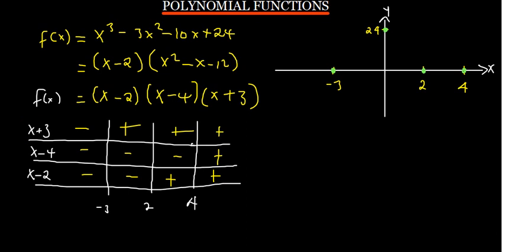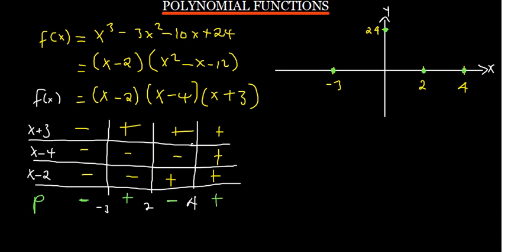Now remember, these three factors are multiplying. So my interest is actually in their product, so in the product of signs. These three negatives, if I multiply them, the answer is going to be negative. Positive, negative, negative, if I multiply, I'll get a positive. And then positive, negative, positive, I'll get a negative. Positive, positive, positive, I'll get a positive.